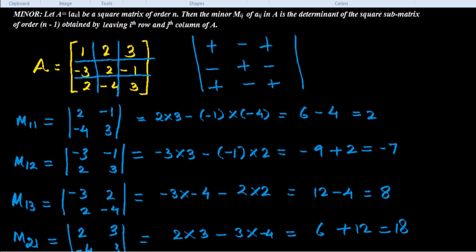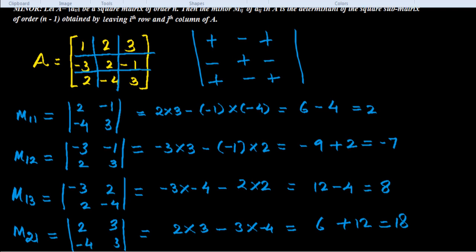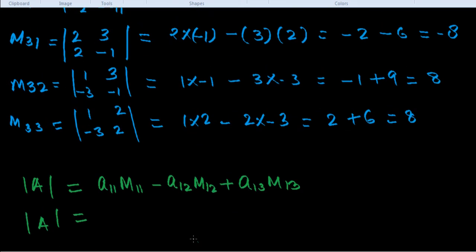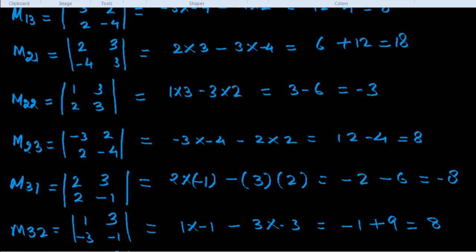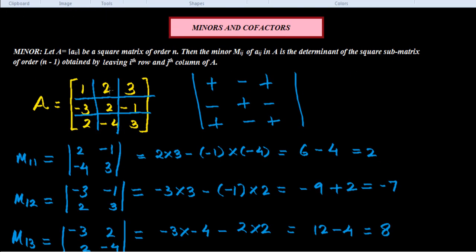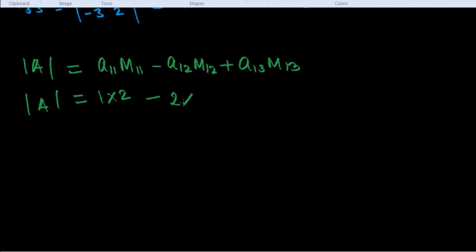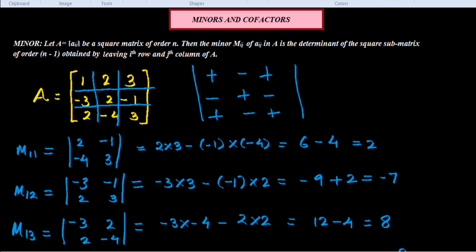So here you see A11 is 1 and M11 is 2. 1 multiplied by 2 minus A12 is 2 and M12 is minus 7, 2 into minus 7. Then A13 is 3 and M13 is 8.